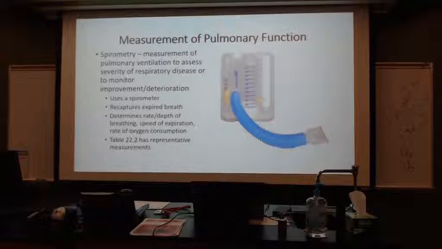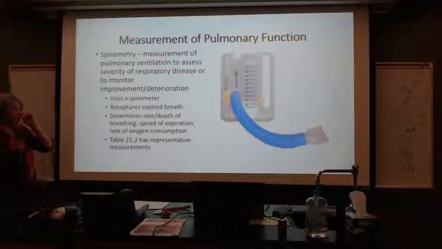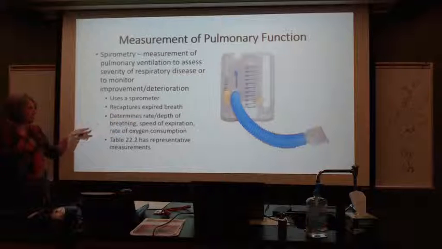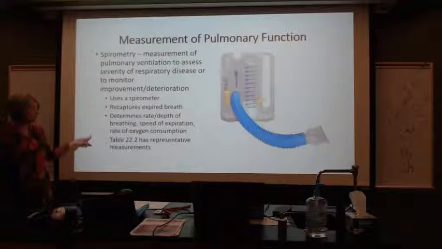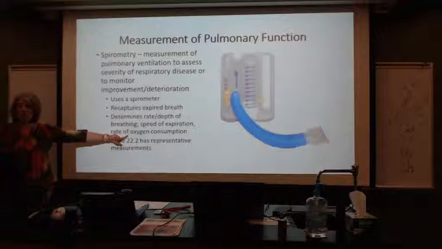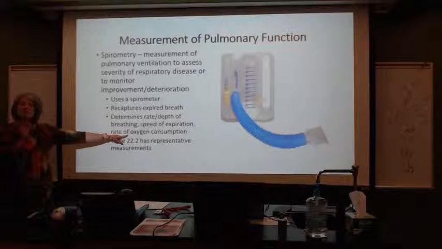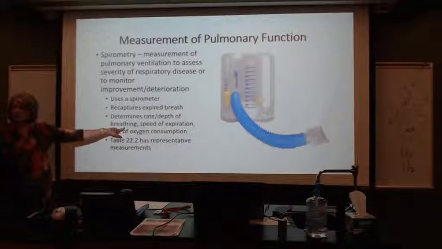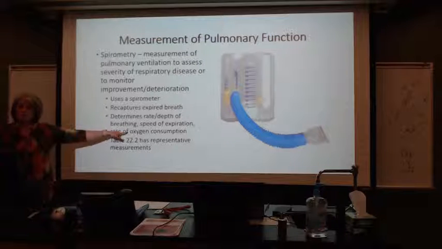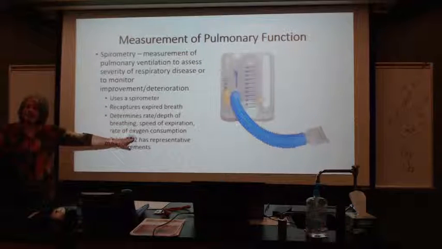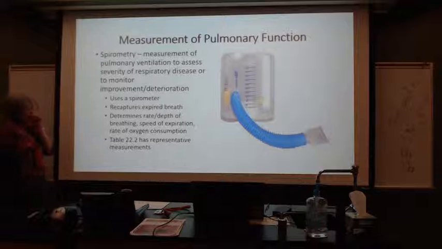So what it does is it recaptures the expired breath. It'll help determine what's the rate and depth, what's the speed, and therefore they can determine oxygen consumption. They can take those numbers that they get, put them into their calculations, and give this information.